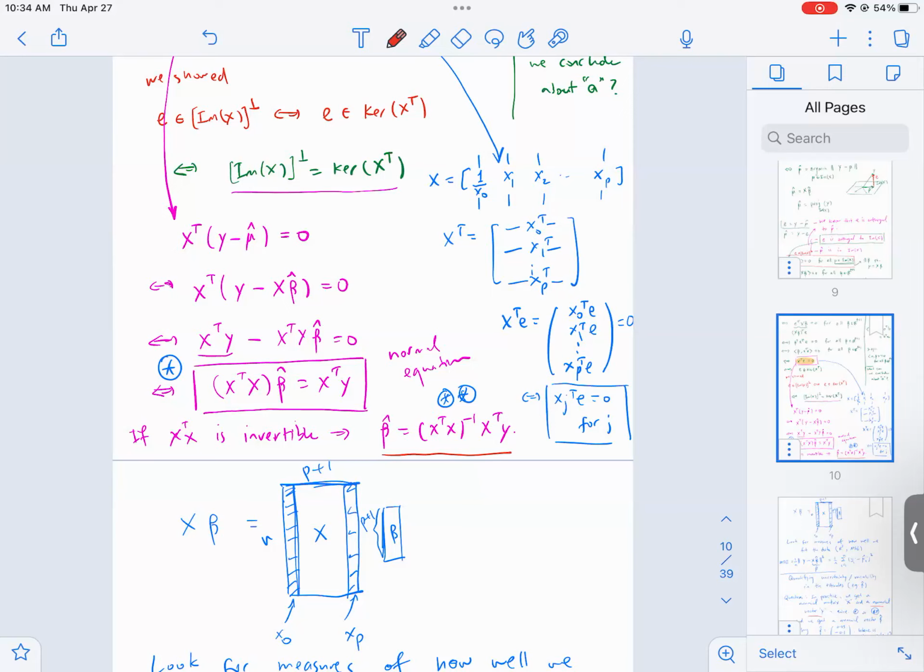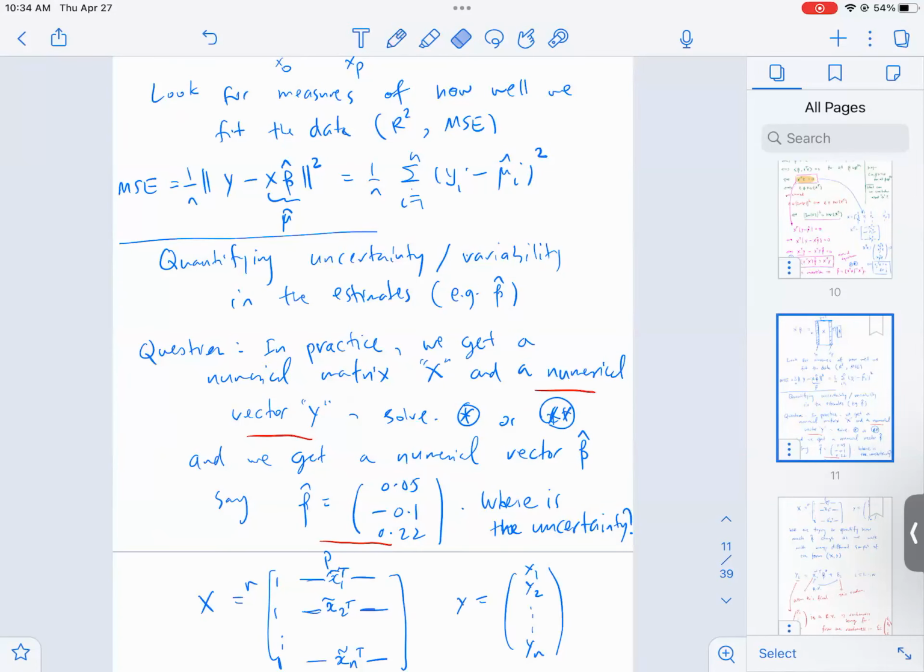Okay, so there is the observed. I want to make sure that you understand this.